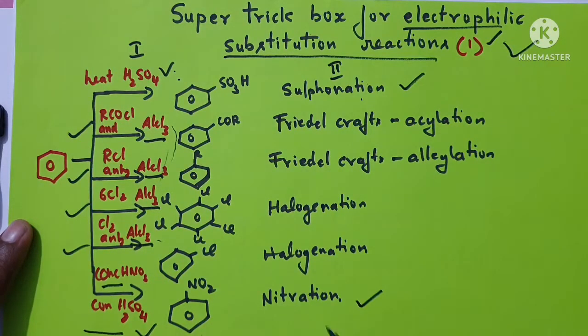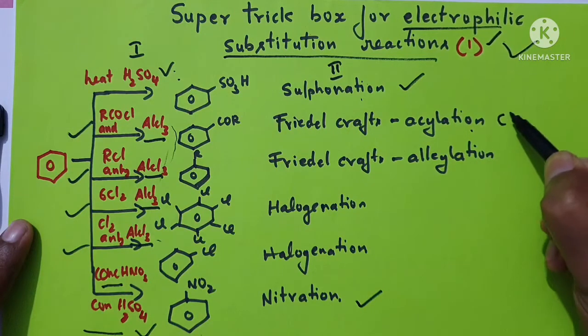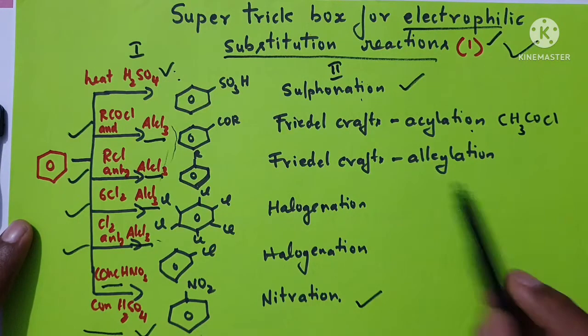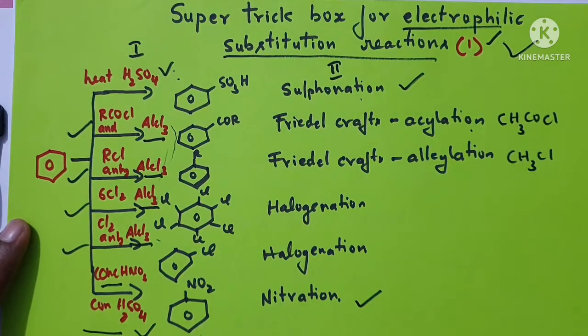Now, if you observe here, whenever I say acylation, remember acetyl chloride, CH3COCl. Whenever it is alkylation, try to fix this, that is CH3Cl. Halogenation, either it may be adding of excess of halogen or only 2 times of halogen.